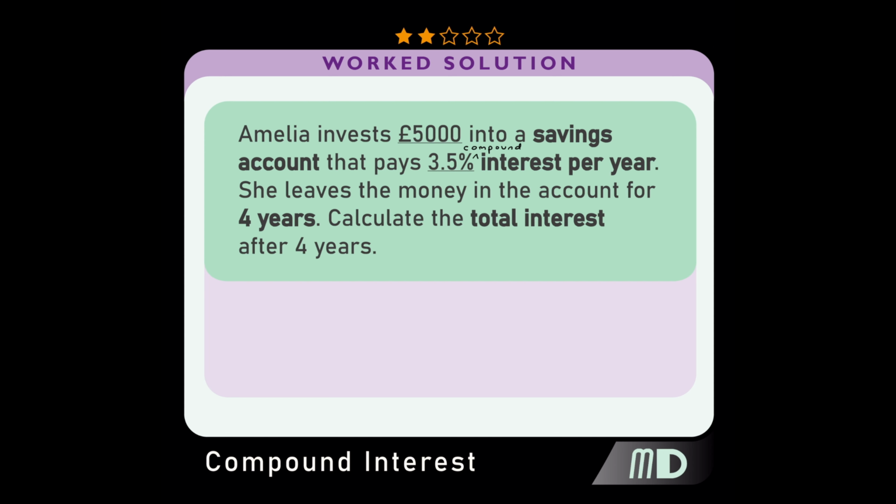The compounding frequency can be less than 1 year, such as every month, or longer. This question is an example of compound interest.